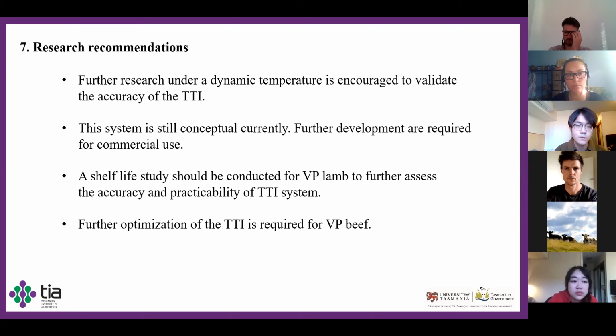And now this TTI system is still conceptual. Further development is required for its commercial use. After we finish the dynamic temperature experiment, maybe a shelf life study should be conducted for the vacuum-packed lamb to further assess the accuracy and the practicability.